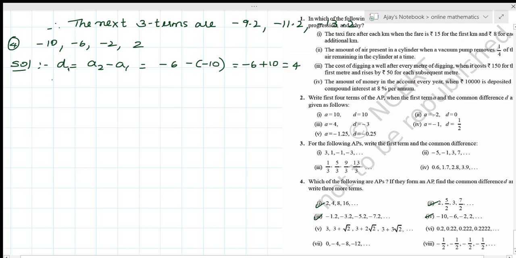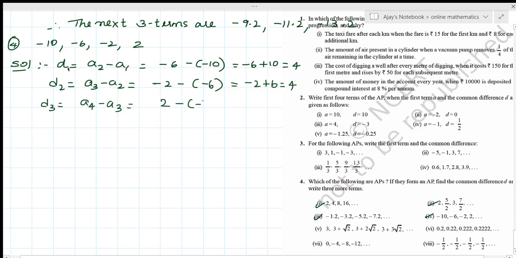Similarly, that is D1. Now I am finding D2, which is A3 minus A2. A3 is minus 2, minus of minus 6. It is minus 2 plus 6. It is 4. D3 is A4 minus A3. A4 is 2 minus of minus 2.